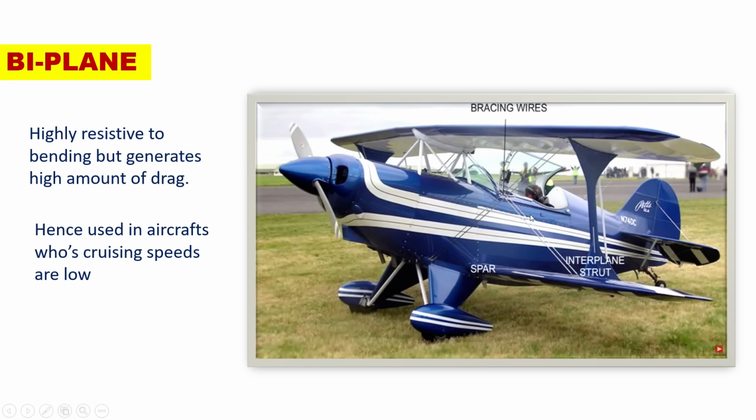They are highly resistive to bending. But why don't we use this design in airliners? Because it produces a lot of drag. There are two wings and there is an interplane strut, so there will be a lot of drag. The drag will be covered in detail in later chapters, but just remember, the biplane is highly resistive to bending, but we don't use it because it produces a lot of drag.